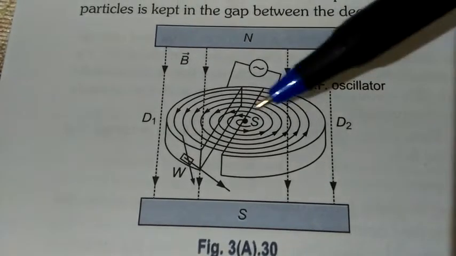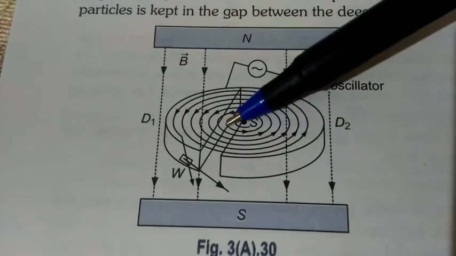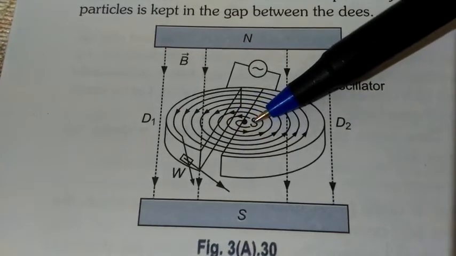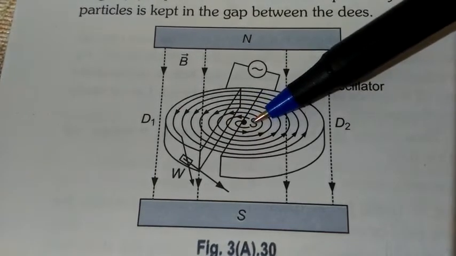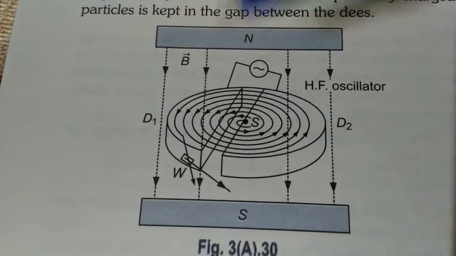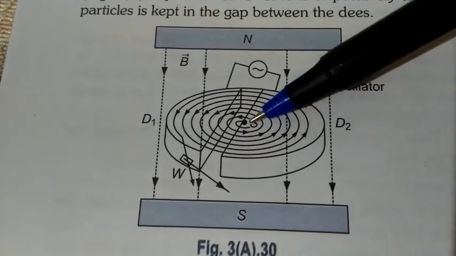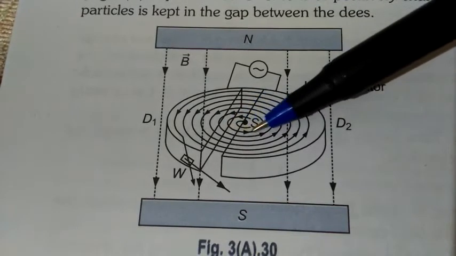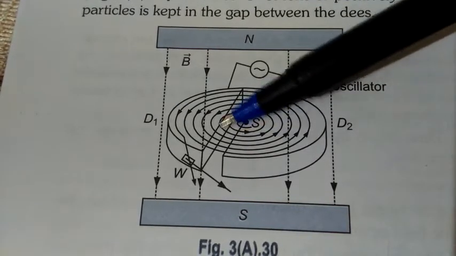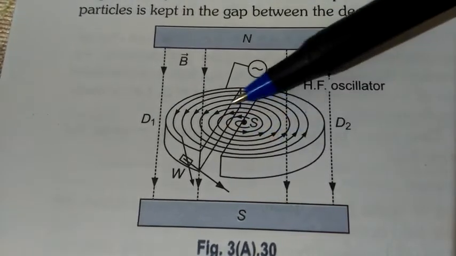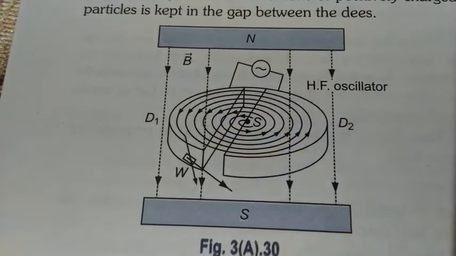So two things are happening here. First, the particle is moving in circular path, and second, the particle is being accelerated, the velocity is increasing, and because the velocity is increasing, slowly the radius of the circular path is also increasing.